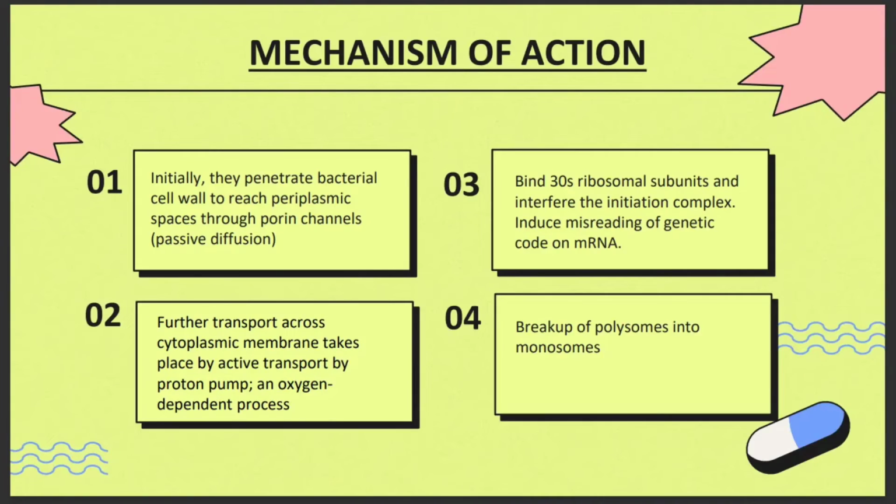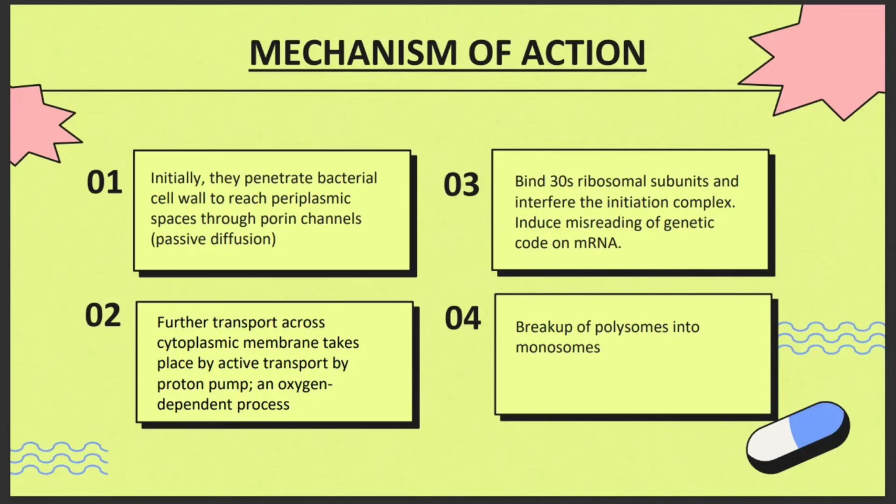For the mechanism of action of the aminoglycosides, initially they penetrate the bacterial cell wall to reach periplasmic spaces through porin channels or by passive diffusion. Further transport across the cytoplasmic membrane takes place by active transport by proton pump, an oxygen-dependent process.